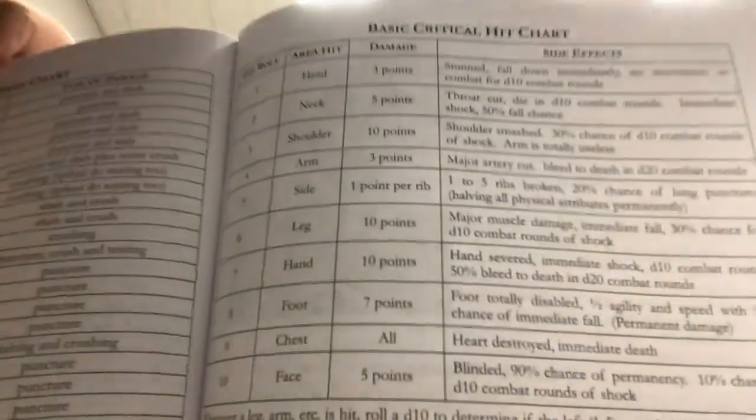Basic critical hit chart, which they have. There you go. Then there are other critical hit charts too. It seems to me, I have to see if this is the same as the other two. There's two others in the material. Same as one of them, or if there's actually three.